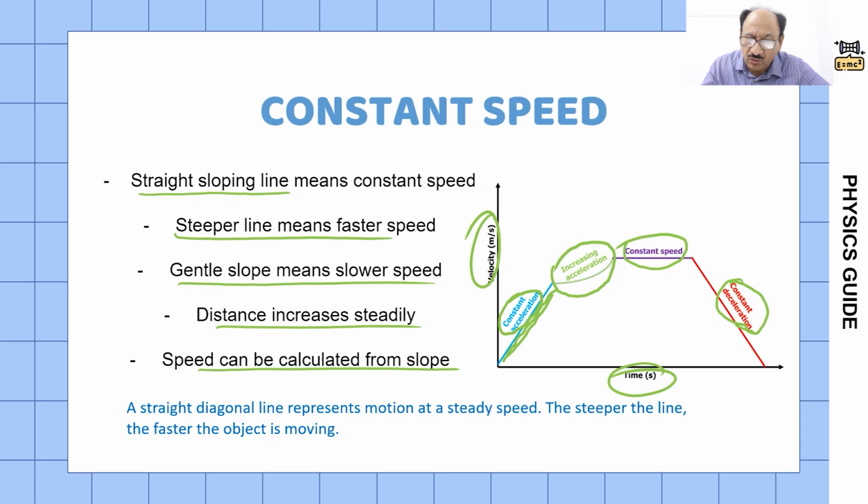Deceleration means slowing down of the object. So a straight diagonal line represents motion at steady speed. The steeper the line, the faster the object is moving.